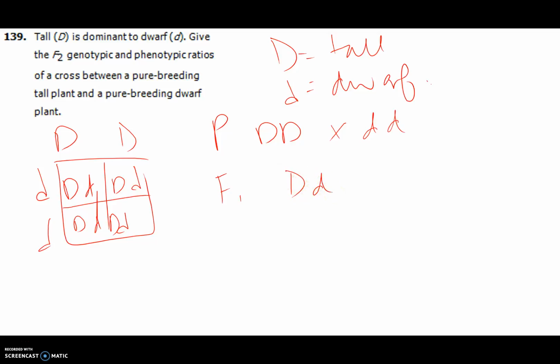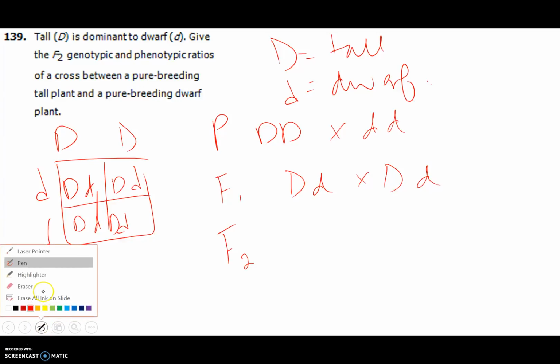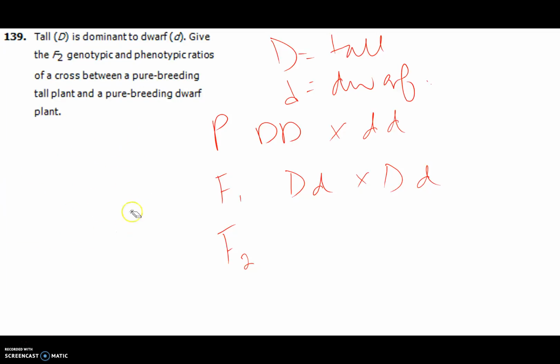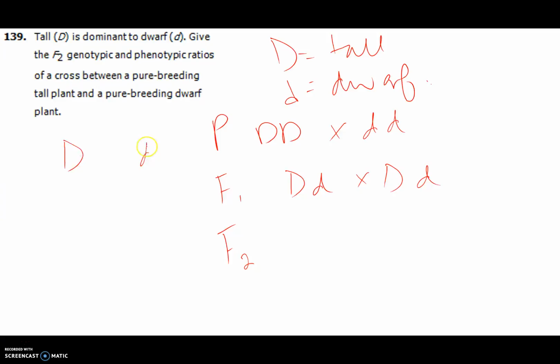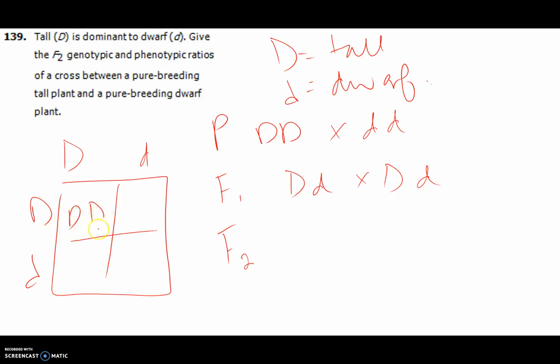Now, it doesn't tell you what to cross for the F2, so when that happens, you just assume that you're crossing two F1s together. So to cross the F1, we see that we get both tall and dwarf plants, and this is asking for our genotypic and phenotypic ratios.